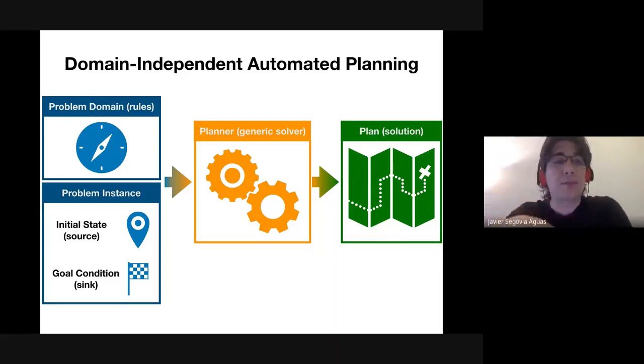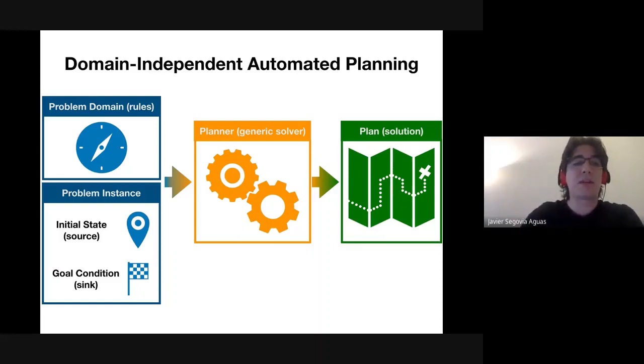As you may think, this problem domain is fixed, so we can change the problem instance as many times as we want. We can pose as many problems as we want and keep the same problem domain, and the planner will give a solution. So this is what we understand as domain-independent planning. Give me any domain and any problem for that domain, and I will solve it.